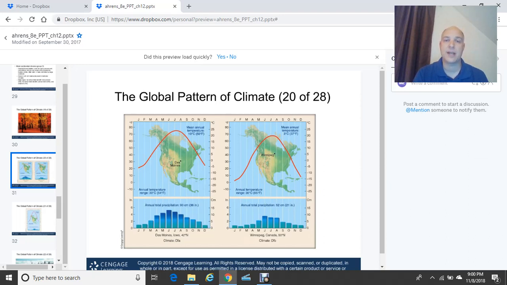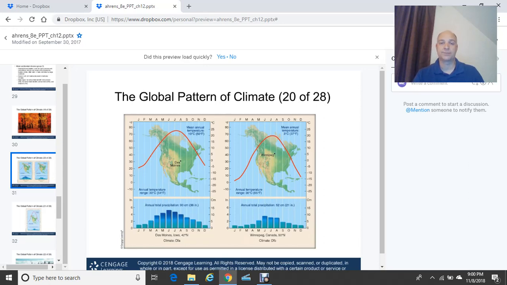The annual temperature range in Winnipeg is 65 degrees Fahrenheit. Now that is mind-boggling. Your average temperature in January in Winnipeg is just about 0 degrees Fahrenheit, and then about 66, 67 degrees Fahrenheit in the warmer summer months, July and August. And then look at the curve, how it drops off drastically again in Winnipeg, all the way into December on the far right.